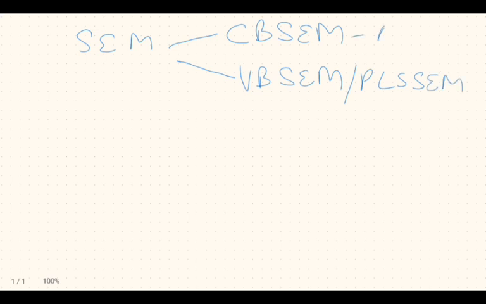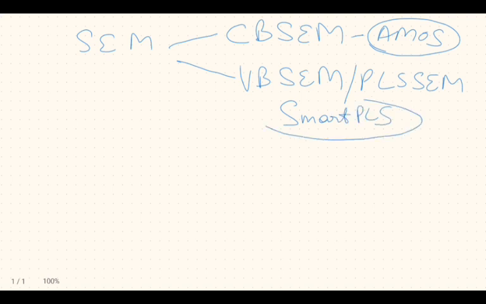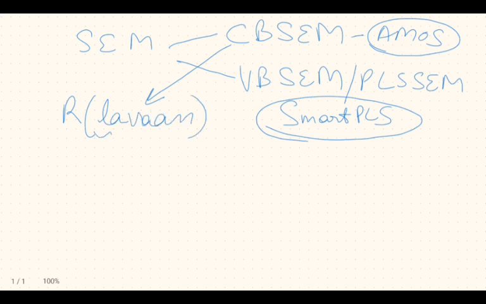CBSEM is conducted in AMOS software, which is one of the most widely used software, and Smart PLS is one of the most widely used software for conducting VBSEM. Apart from this, you can also do covariance based structural equation modeling in R using the package known as lavaan, which stands for latent variable analysis.